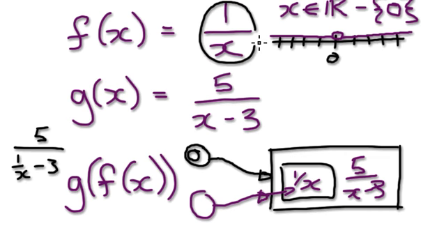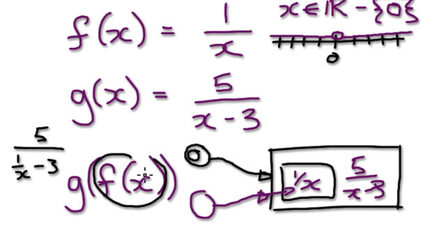So it's this thing, take away 3. When you bury f of x into g, it will look like this.